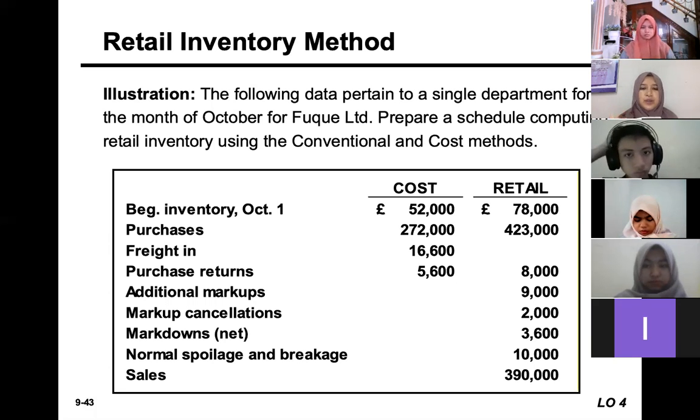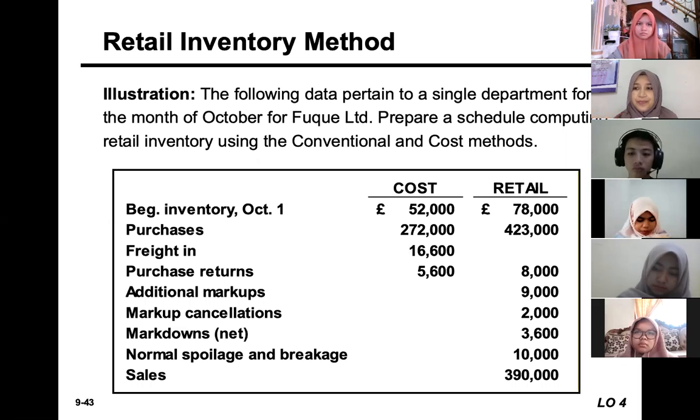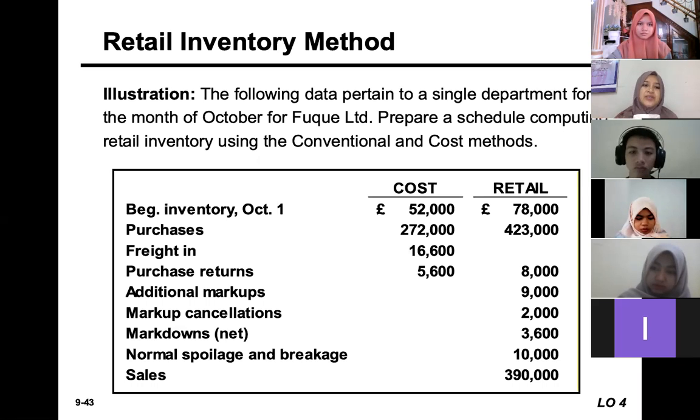Let's say that cloth is very much trendy nowadays, so customers are highly purchasing that cloth. Seeing that condition, the company might increase the price of that cloth to 250,000. So that 50,000 is the markup. Okay, understand? So that's the additional markup during the period.